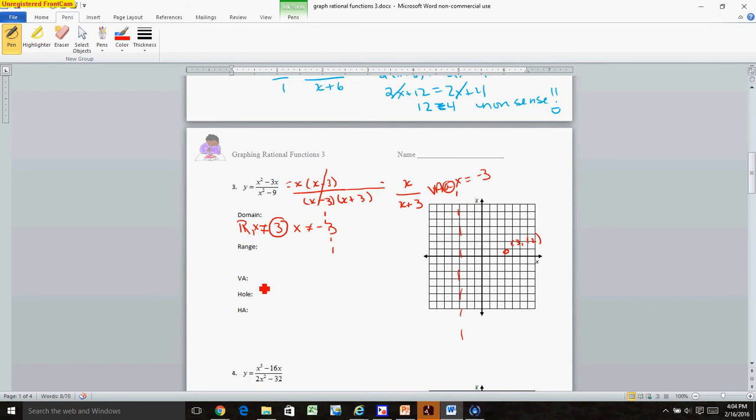So I have a vertical asymptote at x equals negative 3 and a hole at 3, comma 1/2. The horizontal asymptote, since I have even powers, is at the ratio of the leading coefficients, which is 1 over 1. Therefore, my horizontal asymptote is at 1.